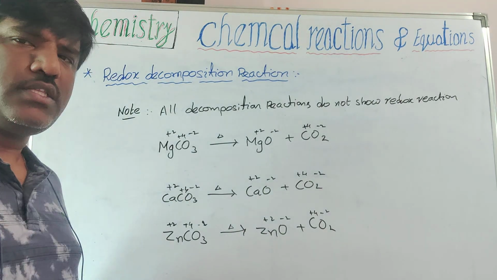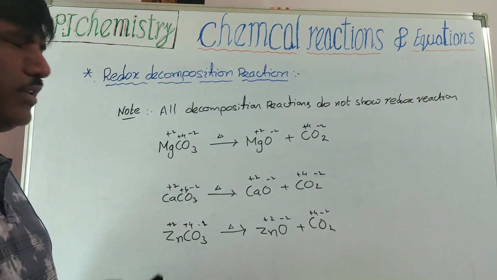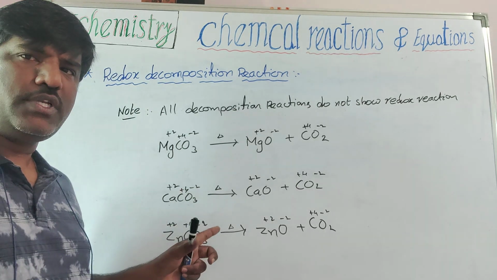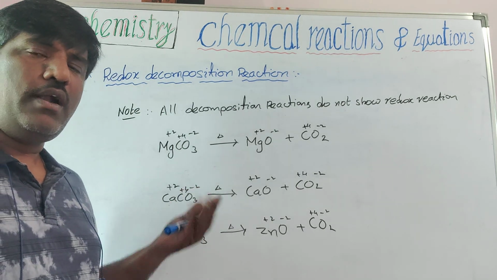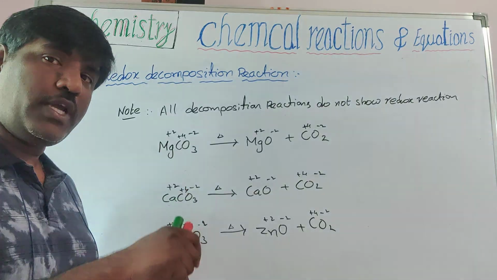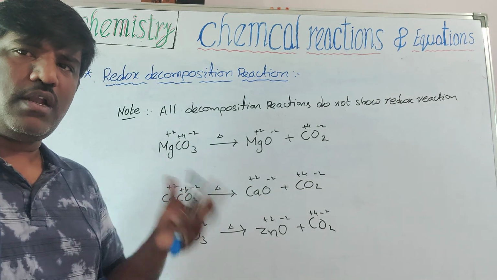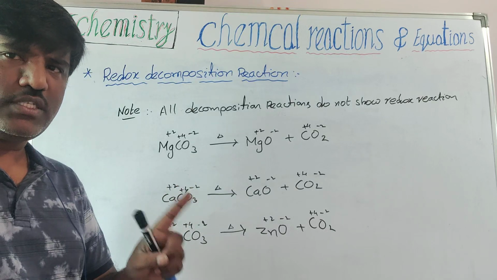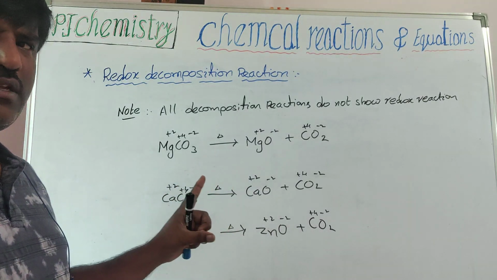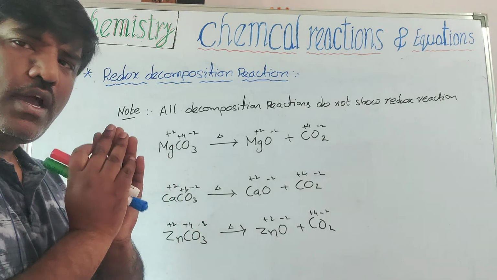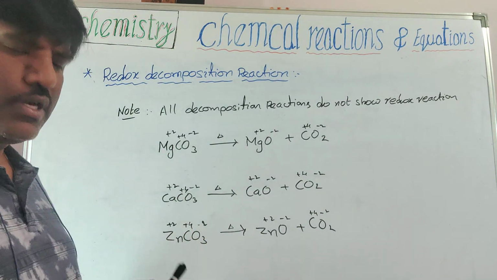There won't be any change in the oxidation number, so they won't follow redox reaction. They are just decomposition reactions. All decomposition reactions are endothermic reactions, that is compulsory. But not all decomposition reactions are redox reactions.